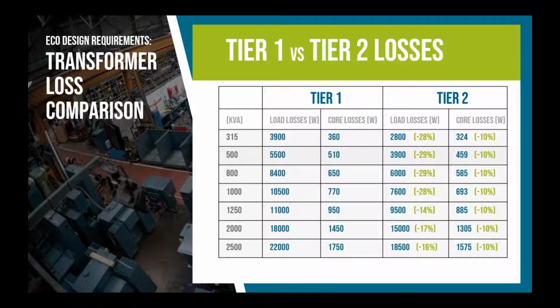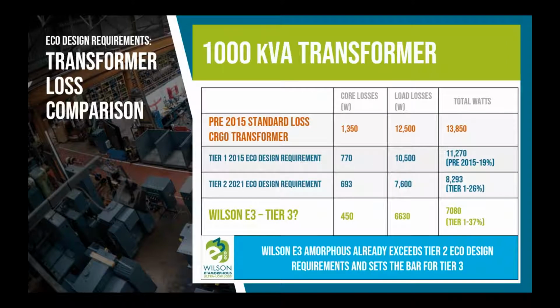And if we take the case of a 1000 kVA transformer, just digging a bit more, what the directive required for Tier 1 in 2015 was to have combined losses that were 19% less than what was pre-2015.